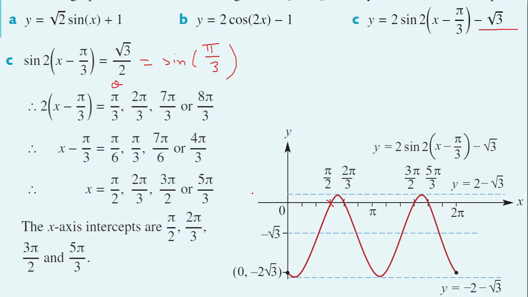Okay, so it's negative root 3, and the dilation from the x-axis is 2, so it's negative root 3 plus 2. They rearrange it to 2 minus root 3, and this one is negative root 3. That's your middle value, minus 2.